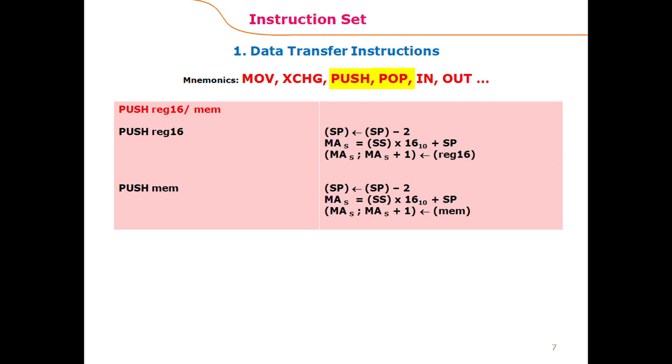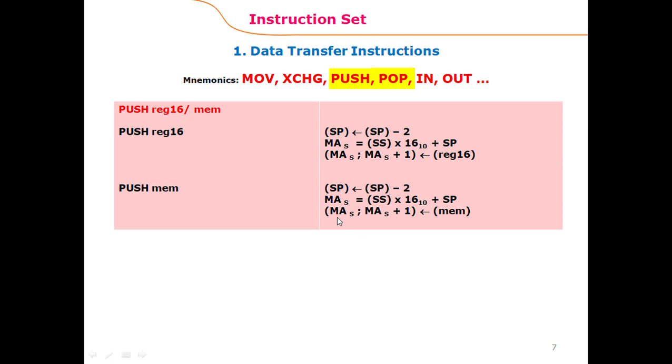If the argument of the push instruction is a memory location, then the stack pointer is decremented the same way as it was for the register operand, and in the same way a memory address is calculated, and the 16-bit data at this memory location is pushed onto the stack at the addresses calculated here.